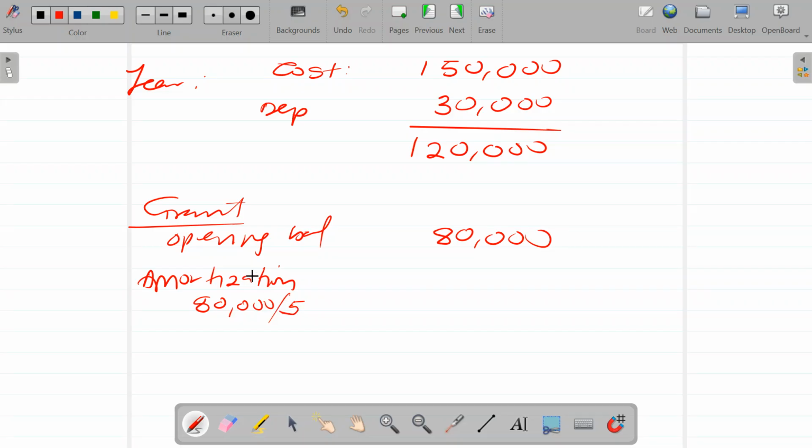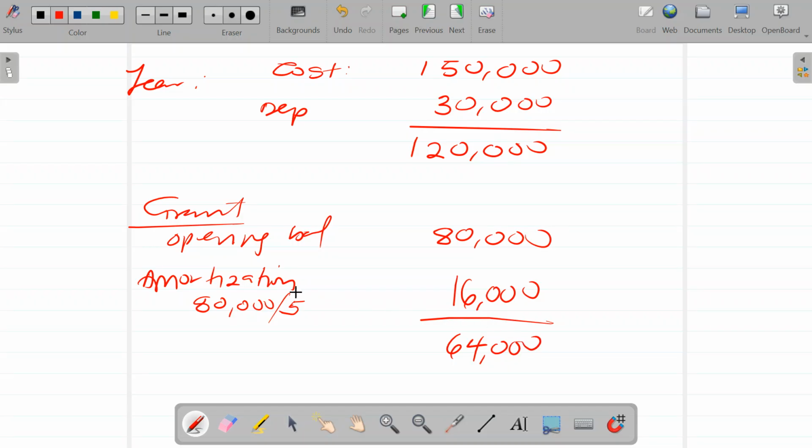So how much will we get? 80,000 divided by 5 is 16,000. So the closing balance will be 64,000.